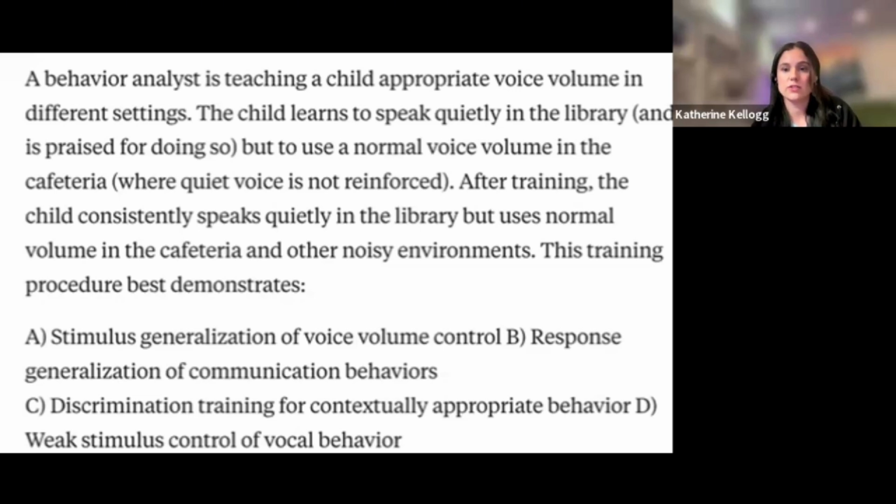Stimulus generalization, or discrimination training, also response generalization or weak stimulus control. The answer is C, discrimination training for contextually appropriate behaviors. For this, it's because the child has learned how to respond differently in different environmental contexts.